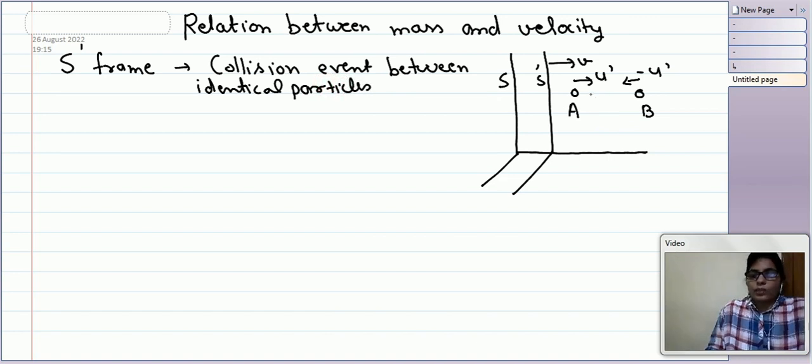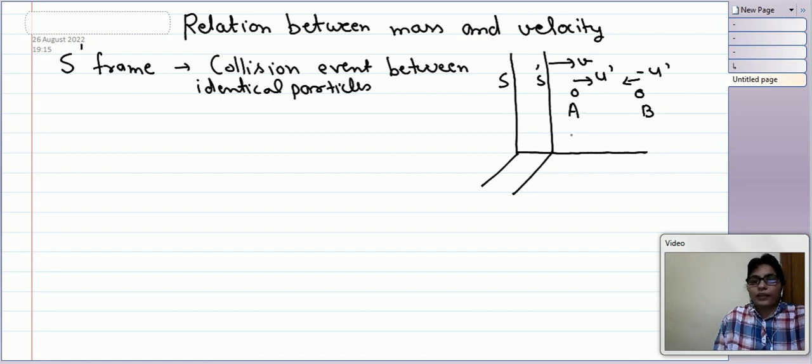If we apply the law of conservation of linear momentum, we find that the final momentum will also be zero, because the initial momentum is zero. Mass is the same for A and B, so it is mu dash minus mu dash, which is zero. So the initial linear momentum is zero in the S dash frame.